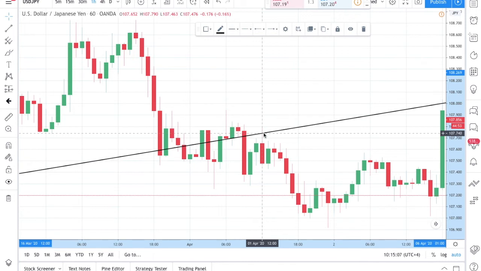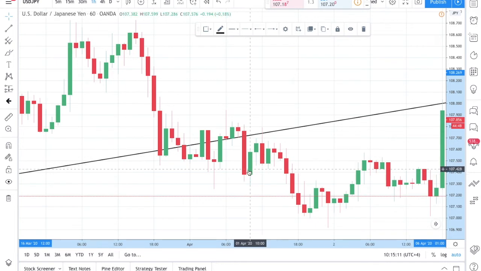Guys, if you look carefully, you see that here this is a support, but I said the nearest resistant line. So guys, the market came up to here, it came down, and the green candle closed on this rate.